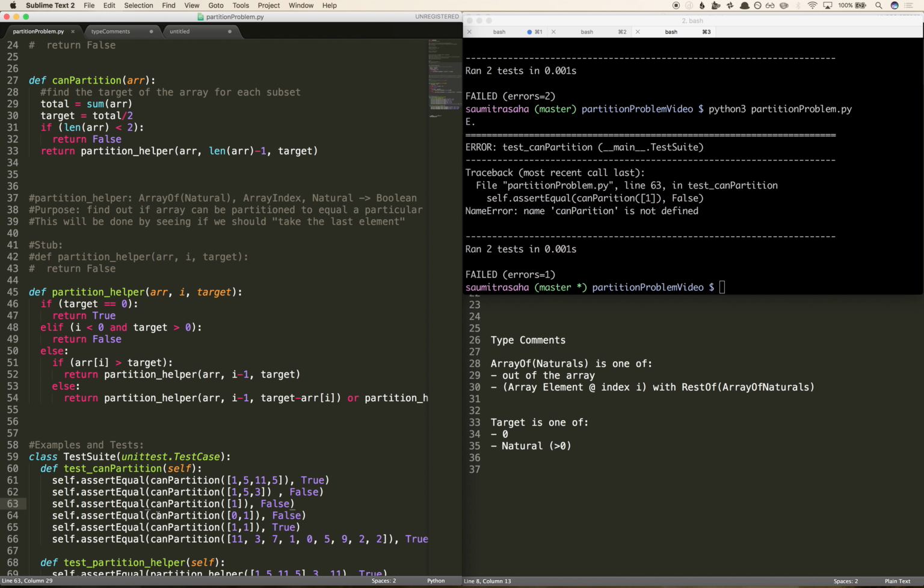In Python, it doesn't necessarily run all your tests or check all your tests, versus in other languages such as Racket, which is a dialect of Lisp, they check all your tests when you originally run stuff. So let's see if that spelling mistake solves our problem.